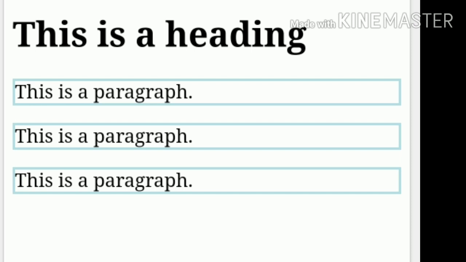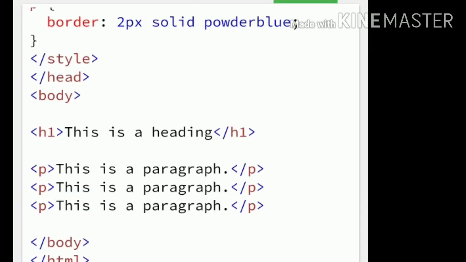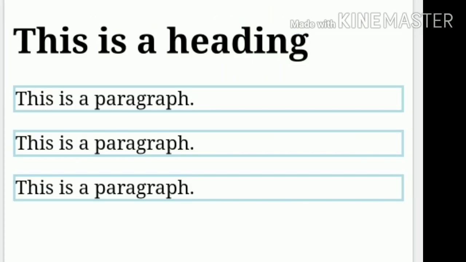In this you can give the space between the text and the border. Padding means the space between the text and the border. It is only the space between text and border.